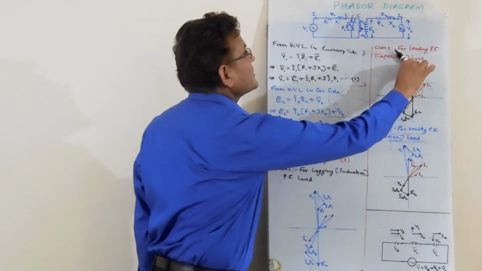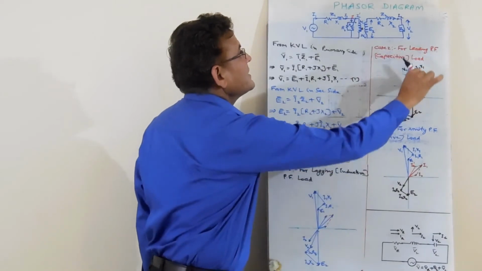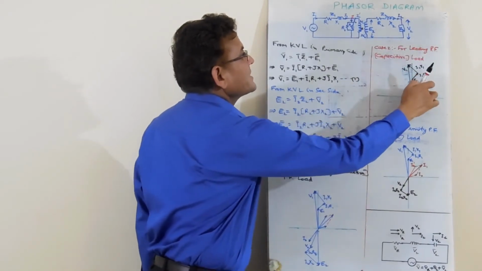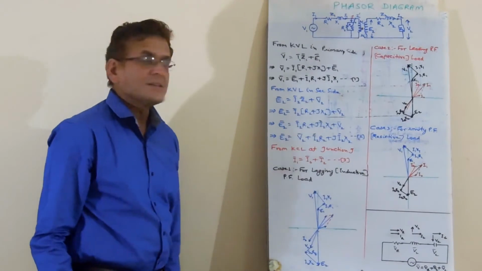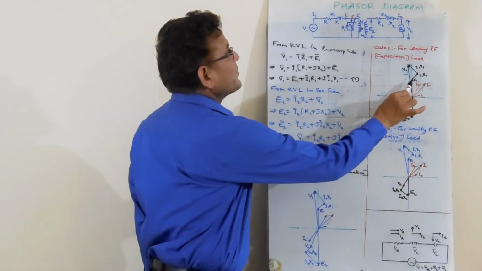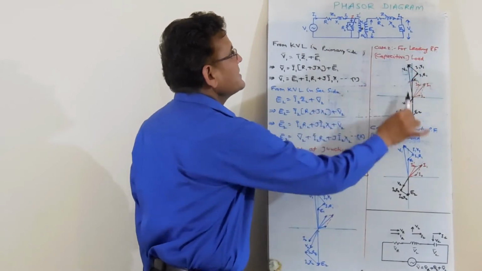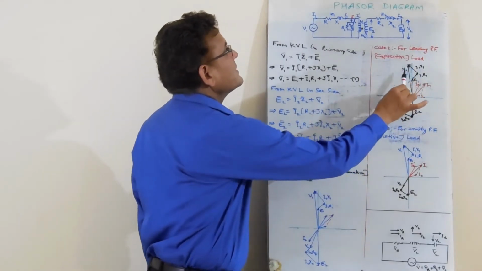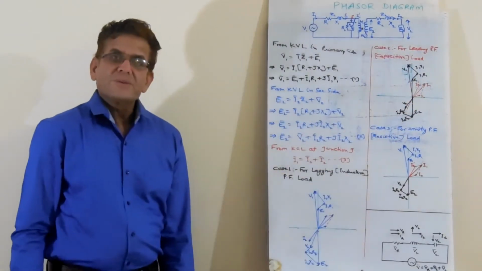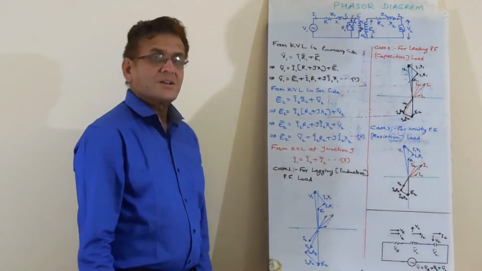So I1 X1 will be in this direction. I1 X1 leads the current I1 by 90 degree, and the vector sum of E1, I1 R1 and I1 X1 is V1, supply voltage.